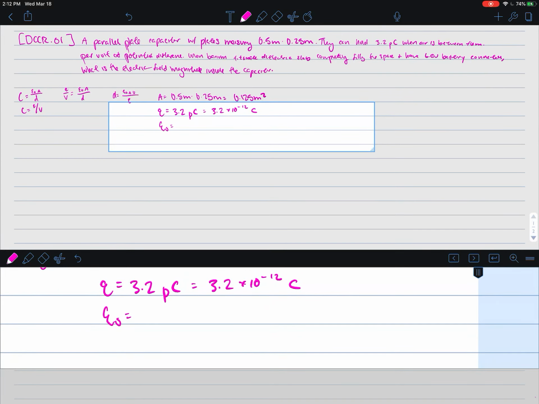And then ε is 8.85 times 10 to the negative 12 coulombs squared over newton meters squared. And then for the voltage of our battery, we have V here, which is equal to 6.0 volts.